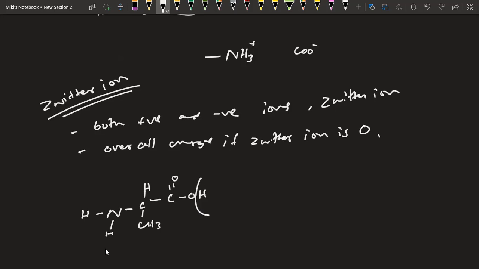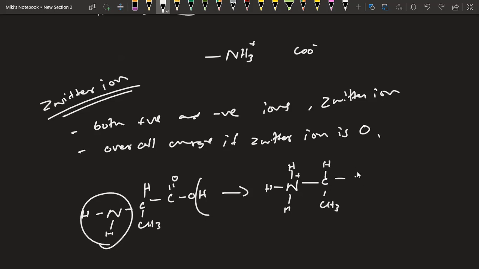That hydrogen will be gained by this amine, forming 3 bonds, so NH3 plus, and we have the rest of the molecule, C double bond O, O minus. That is our zwitterion. So the plus and the minus charge cancel out each other. This is alanine, this is the zwitterion.